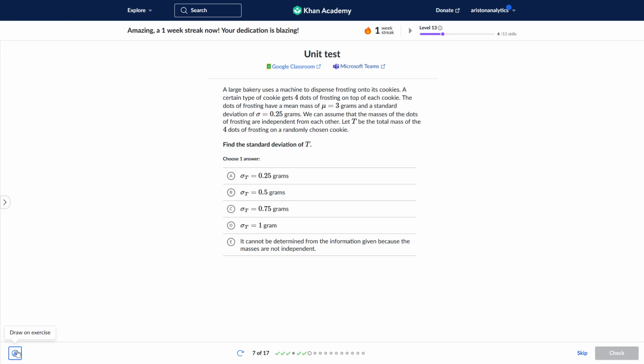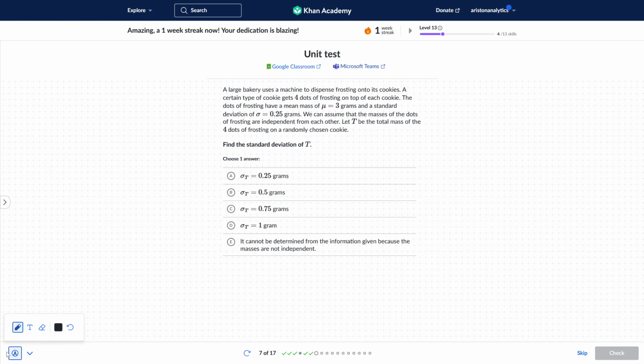Find the standard deviation of t. Okay. Let t be the total mass of the 4 dots. What is standard deviation? One of these fuckers again. Okay. It'll be... Okay, can't be that one.